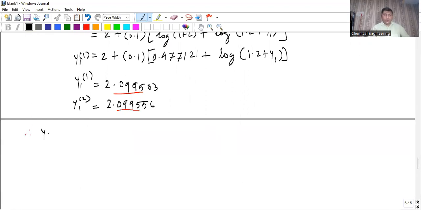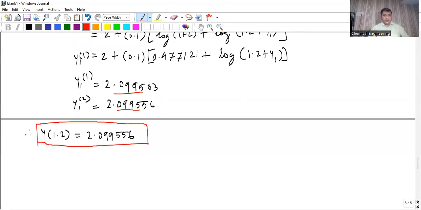okay, so y at x1 is going to be 1.2, and the value is going to be 2.099556. Okay, so this is the value of y at 1.2. We can say since x1 is equal to 1.2.